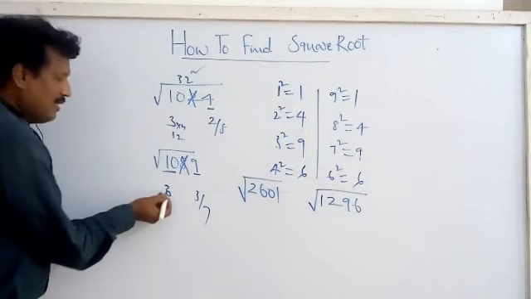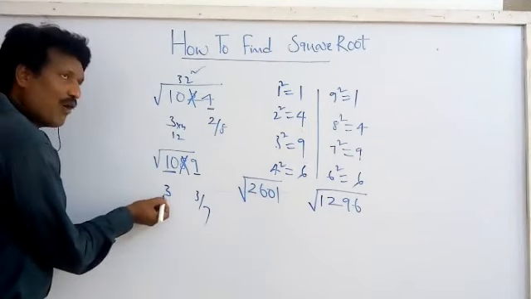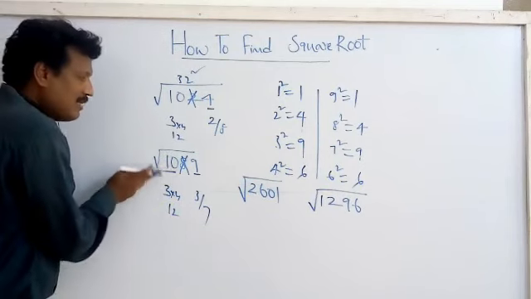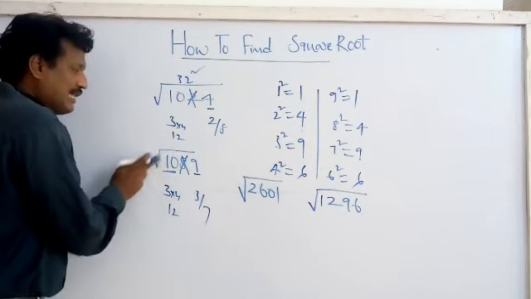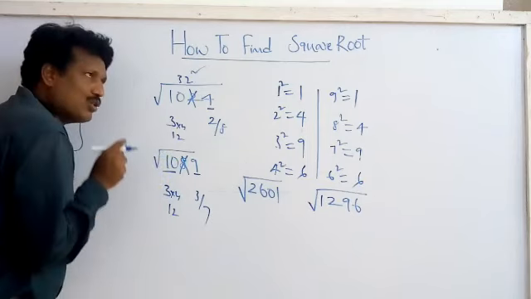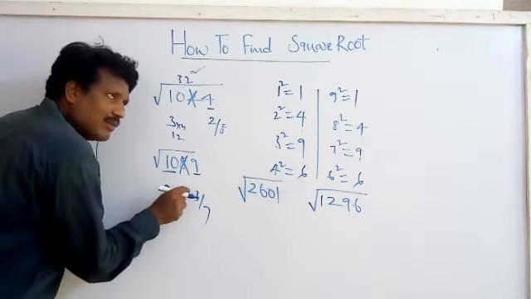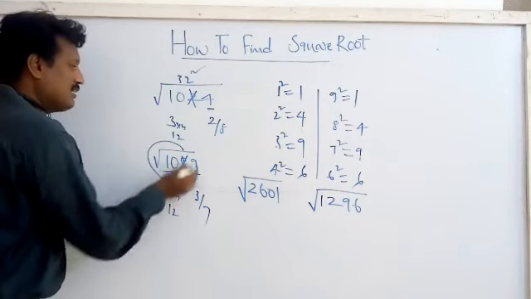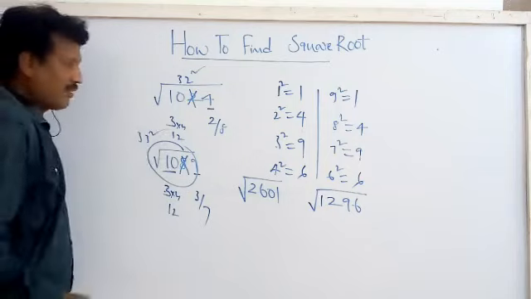We have to check. Here the number is 3, the following number is 4, 3 4s means 12. Now we have to compare this 10 with 12. This 10 is less than 12, so we should take the lower number, that is 3. So this is 33 square.